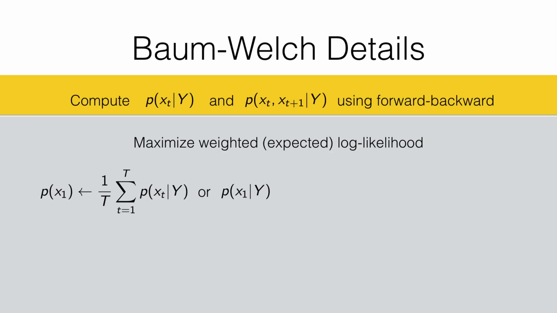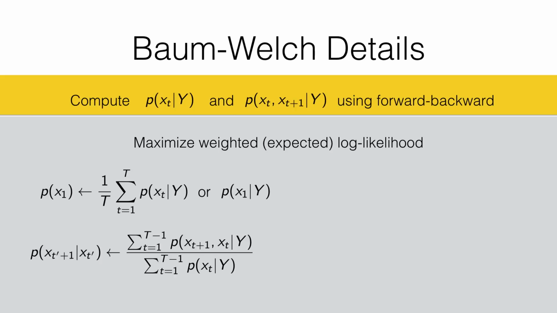And then the transition probabilities, we just estimate by computing the average transition probability across all of our time steps, which we computed using forward-backward, and then dividing out the probability of each state. So these come right out of our alphas and betas. Okay, and then the last piece is we need to compute the probability of y given x, right? And you might have different parameterizations for that.